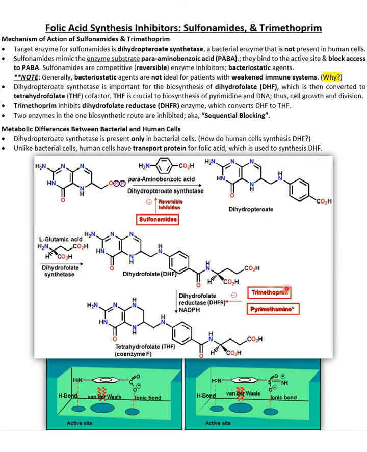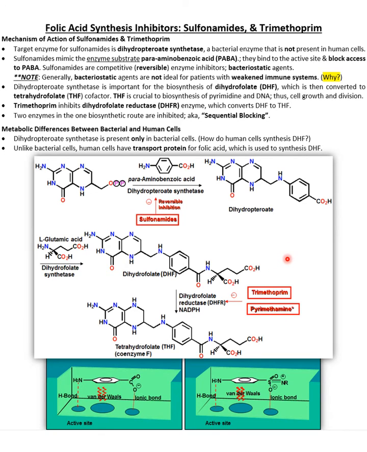Okay, so now we have a problem, which is that trimethoprim will be attacking this enzyme in the human cell, right? Because we do have this enzyme here, the dihydrofolate reductase, in the cell. That is true. However, trimethoprim is 100,000 times more active on the bacterial cell's enzyme than the human cell enzyme.